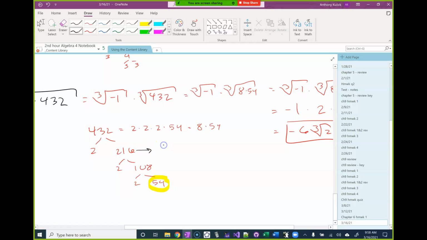So if we recognize the 6 cubed, what would we do? Well, at that point, you could just turn this into cube root 216 and cube root 2, and then this just would have been the 6.